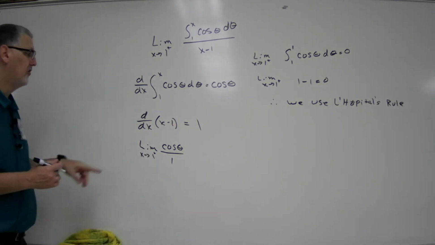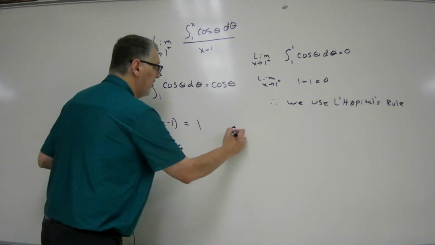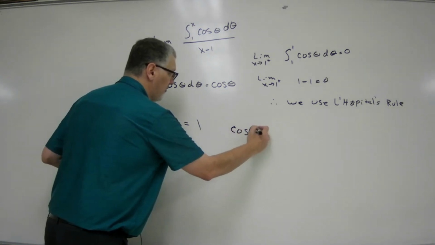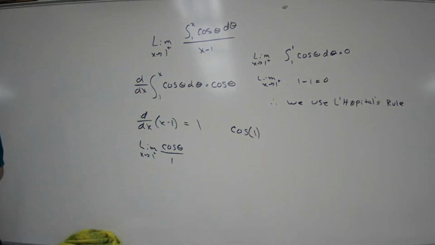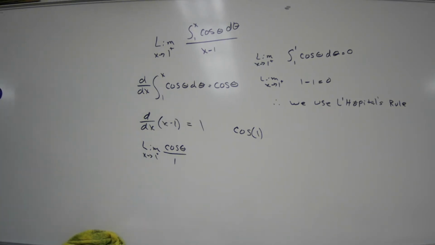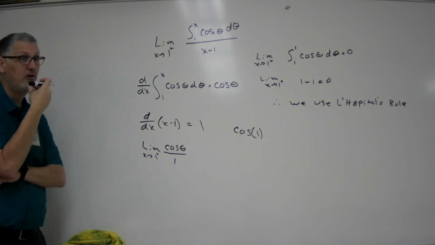So when we plug this in, what is cosine of 1? It's a calculator question, because it's not like pi over 2 or 0 or pi or 180. What is cosine of 1?